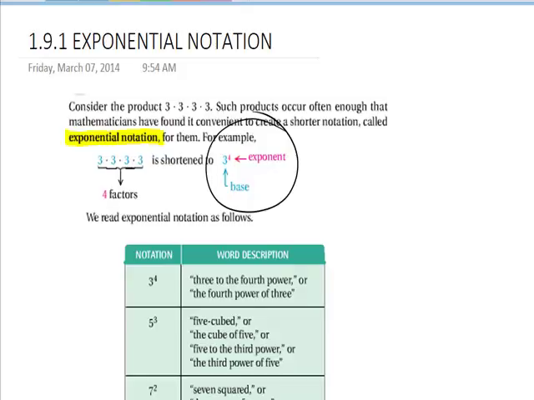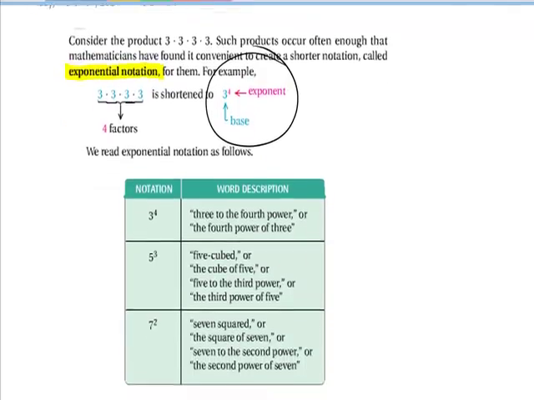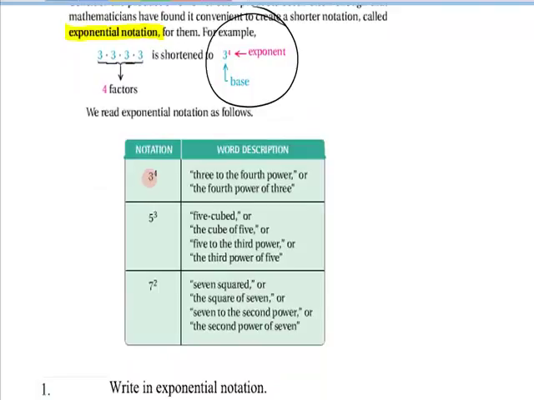All right, so let's take a look at a few things. If you have 3 with the exponent of 4, 3 is the base, 4 is the exponent, it is read 3 to the 4th power, or the 4th power of 3. Honestly, the first one is read more often.